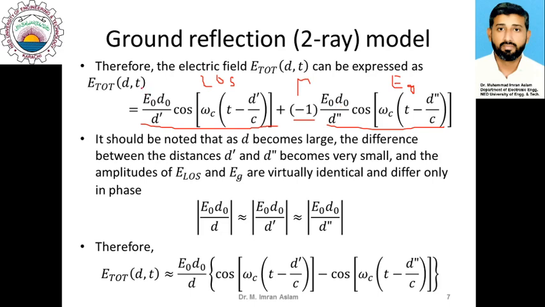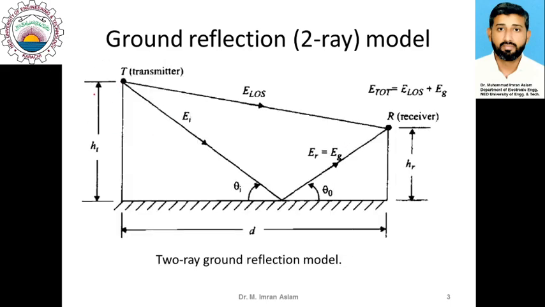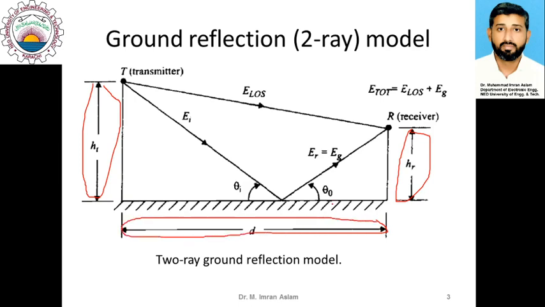Let me first talk about these magnitudes which are present here and here. The most important thing regarding this ground deflection model is that we are talking about different heights, the transmitter antenna height HT and the receiver antenna height, and another distance represented here, distance d. In most practical cases, this d is much bigger than the transmitter height.